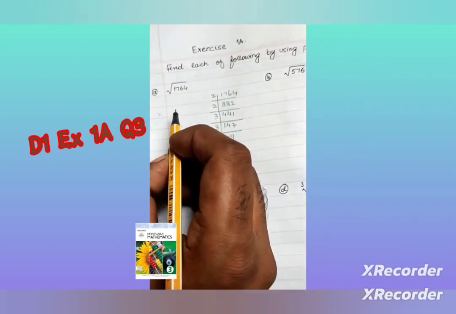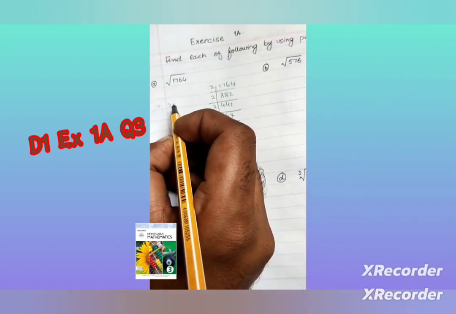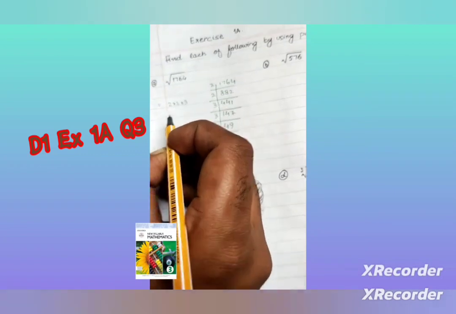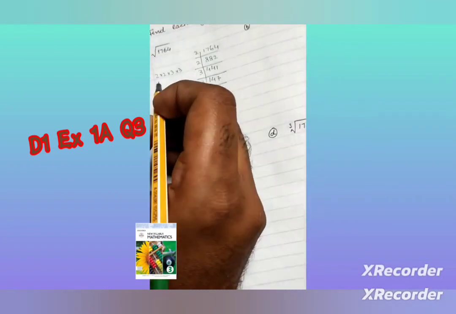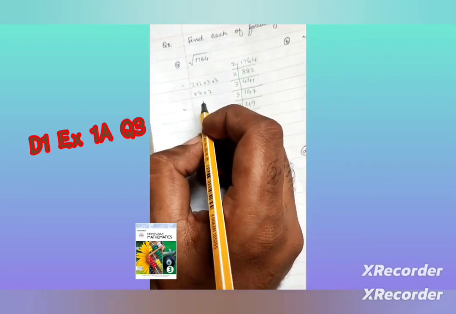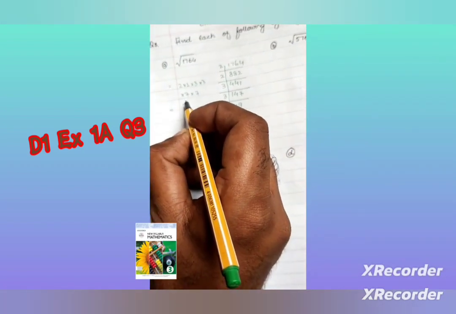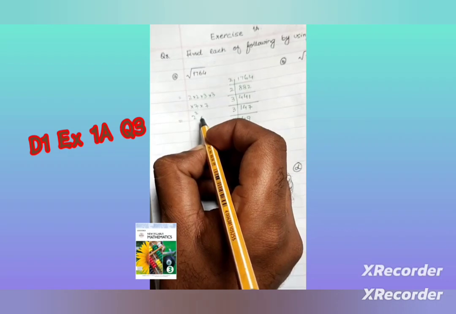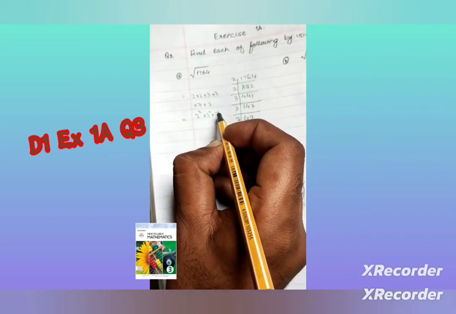What have we got? Prime factors 2 multiply by 2 multiply by 3 multiply by 3 multiply by 7 and multiply by 7. Then we have to write it with index notation, that is 2 square multiply by 3 square multiply by 7 square.